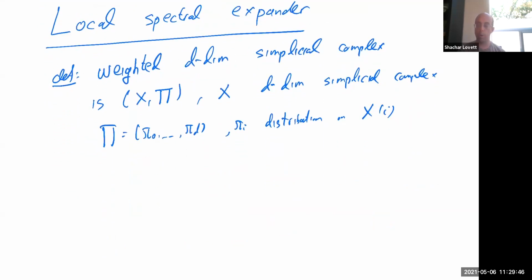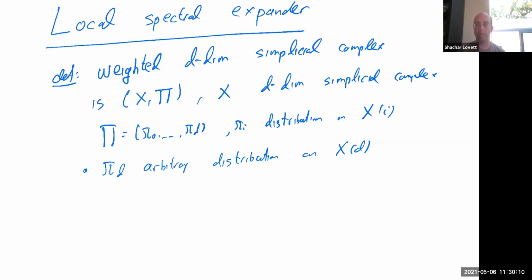So the point is, how do we define these distributions? pi_d is an arbitrary distribution on the top level X_d. And then the way we define distributions on a lower level is by the following process.